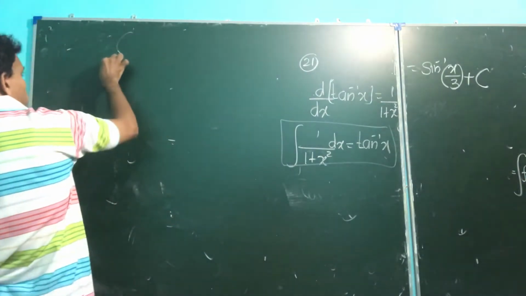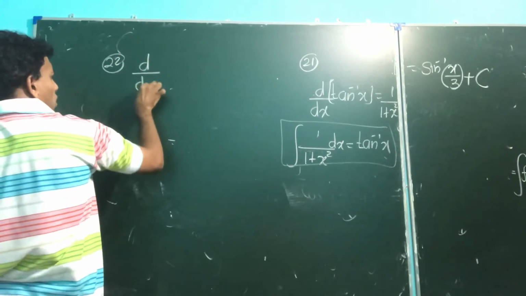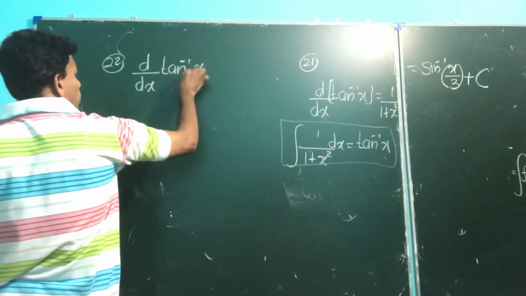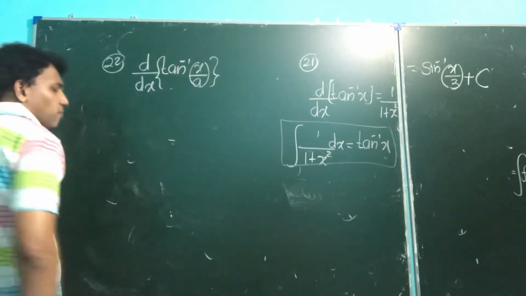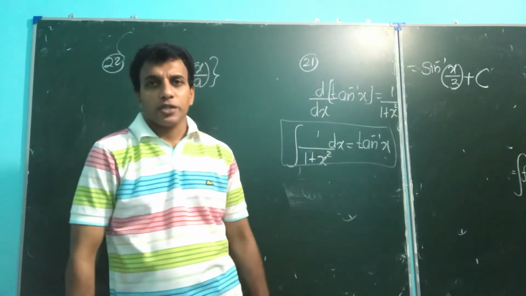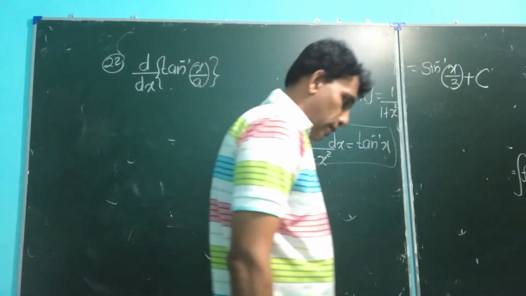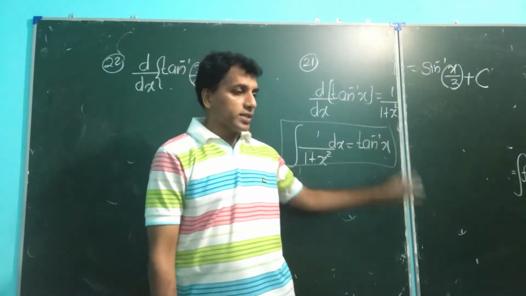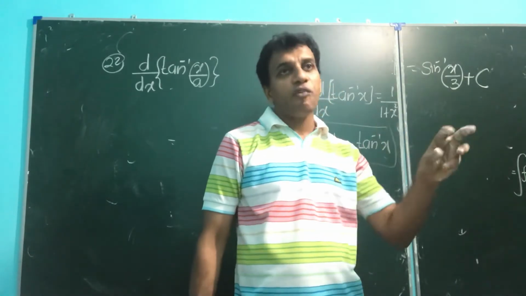Okay, next, number 22. Find the differential coefficient of tan inverse x over a, and then go to the integration part. Straight answer: tan inverse pattern, differentiate, and thereafter differentiate the inner function.